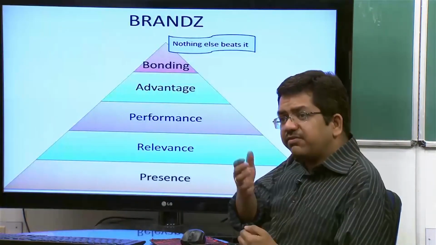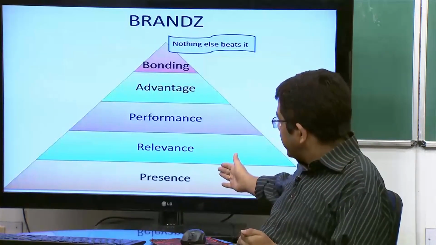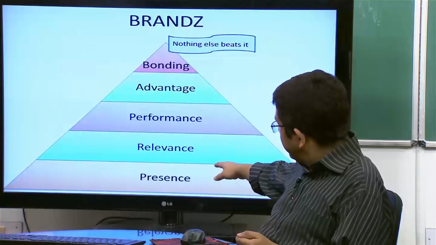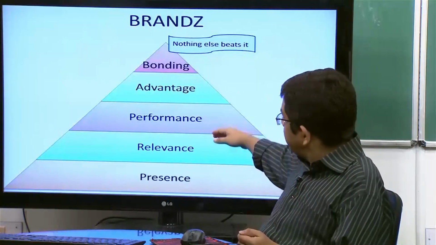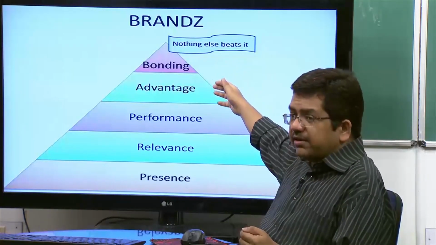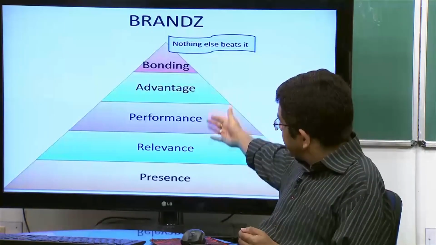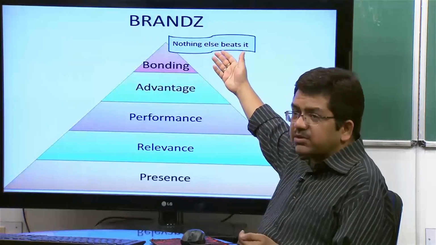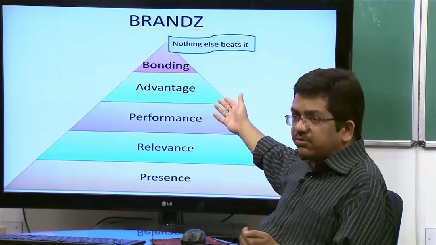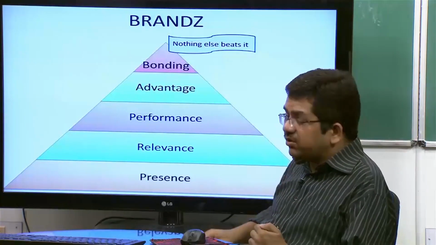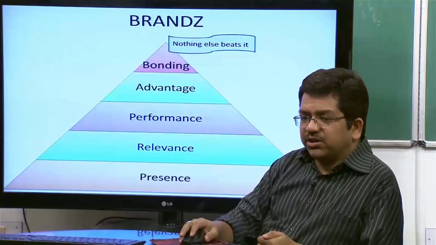Now the challenge in front of a marketeer is that he has to let the customer migrate from the bottom of this pyramid to the topmost level, and the more you take the customer from the bottom to the upside, the more probably you will do good to your firm. So that is basically the utility of this tool.